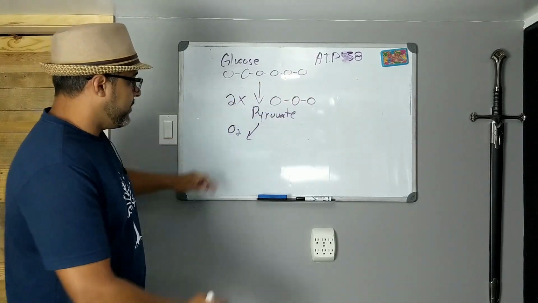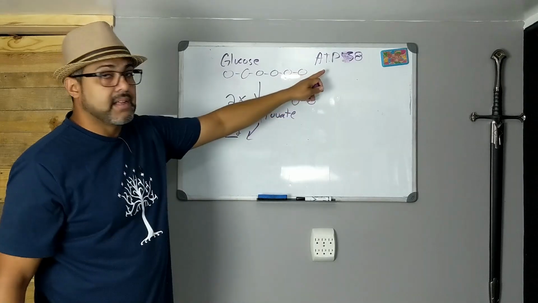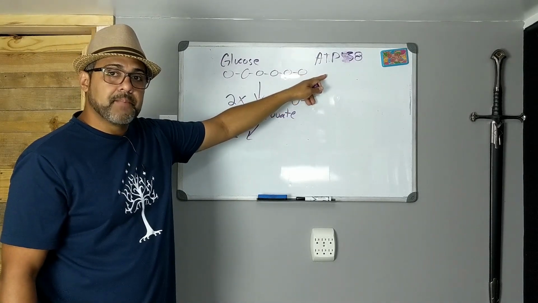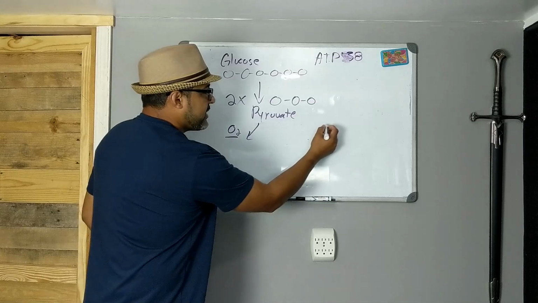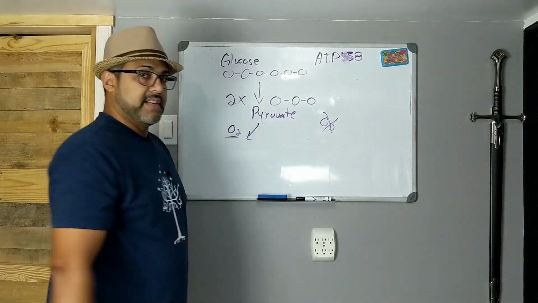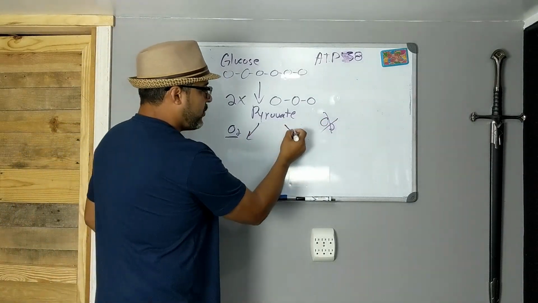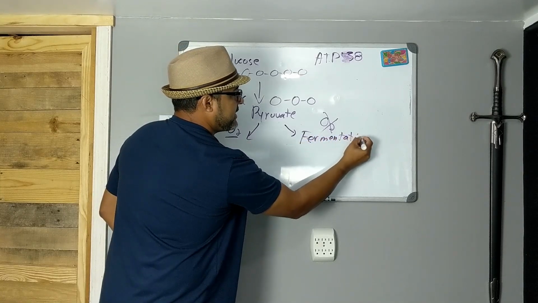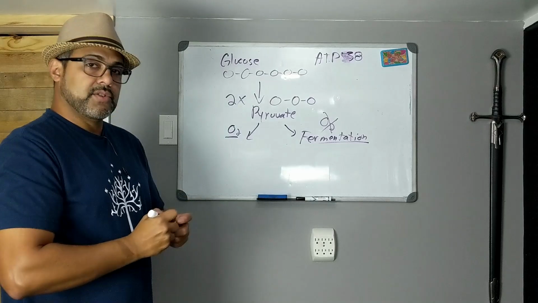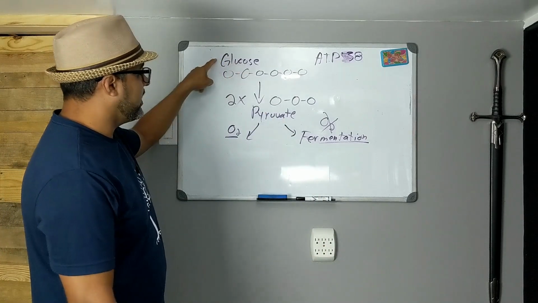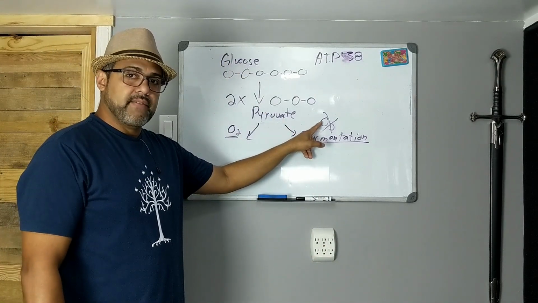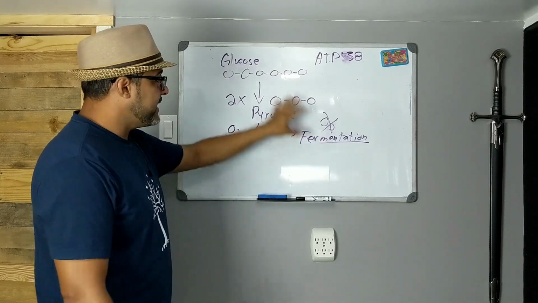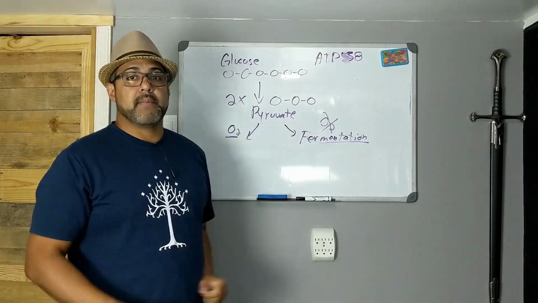So in the presence of oxygen, we get a lot of ATP, a lot of energy. But if there is no oxygen, we do fermentation. And this is pretty much what we talked about. We need sugar, no oxygen or very low oxygen, and then these organisms perform fermentation.